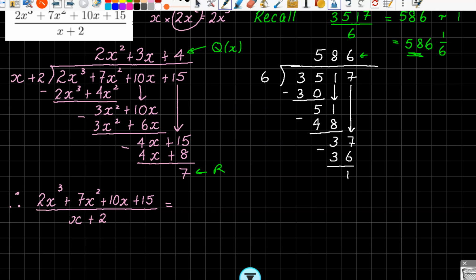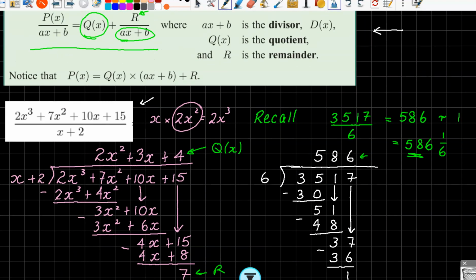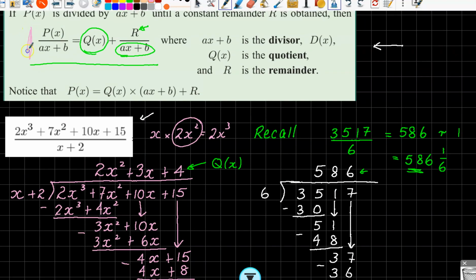So this is going to be 2x squared plus 3x plus 4 plus our remainder of 7, over the thing that we divided by, x plus 2.